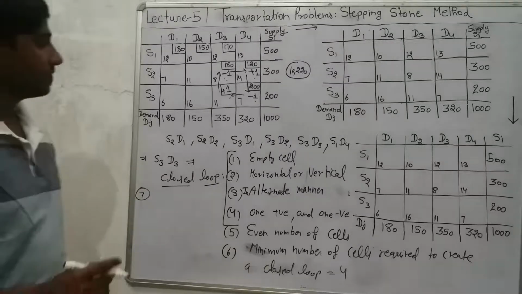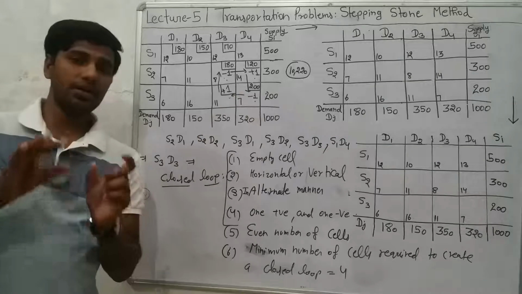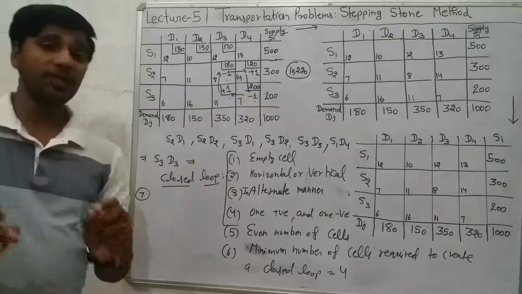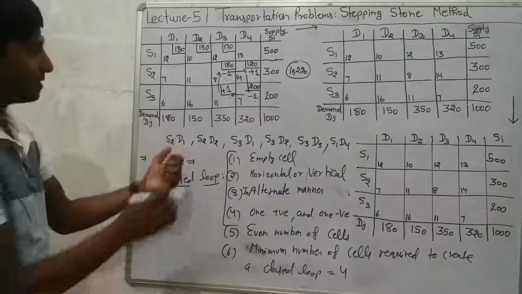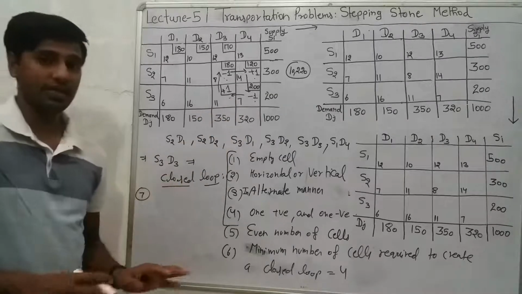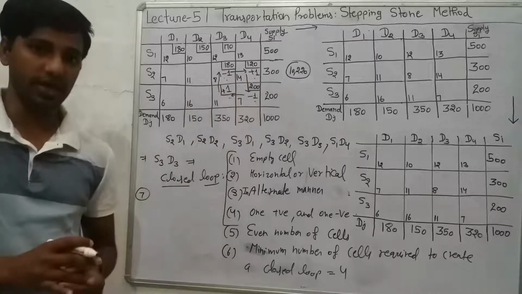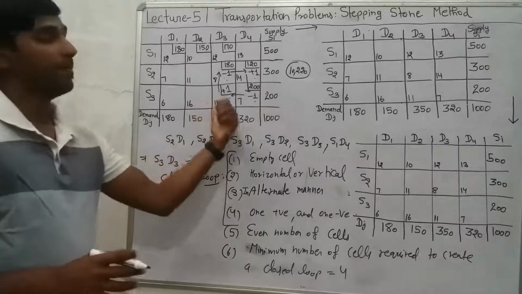The 7th rule is that there can be only one unoccupied cell, or only one empty cell, and that is the one for which we are calculating opportunity cost. Except for that, every cell should be occupied, or every cell should be a basic variable.